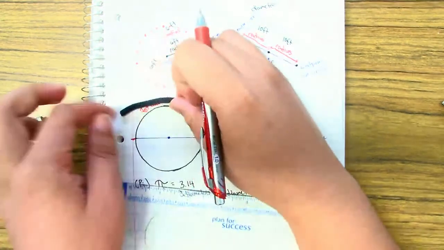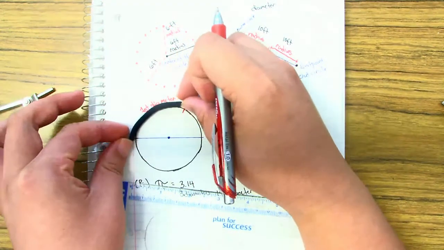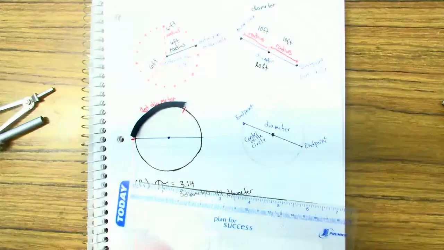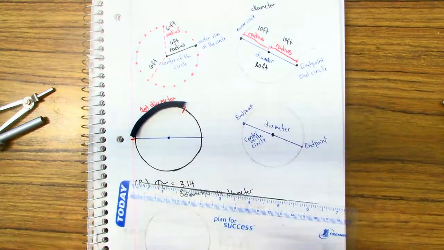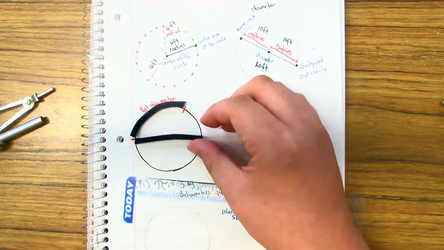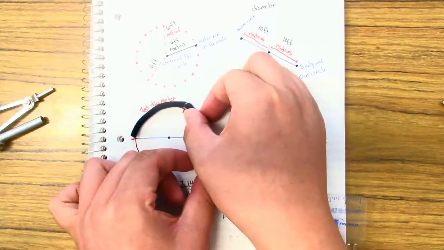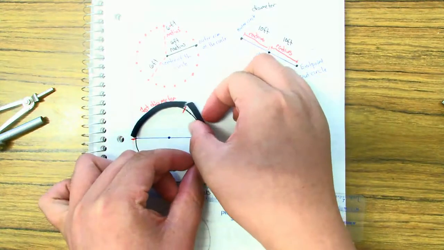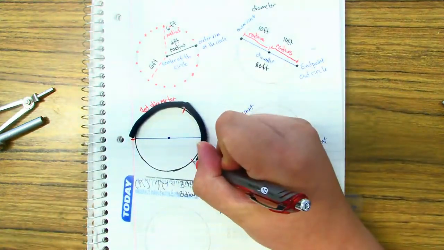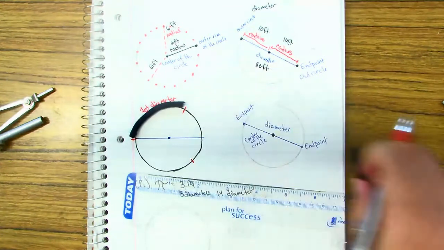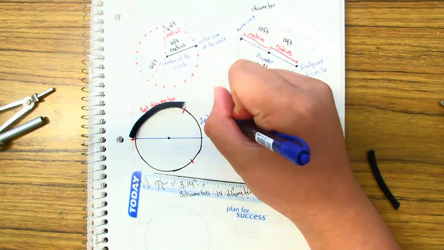I keep tab on that. And then I have a second one here for the second diameter, and I'm going to connect it to the next part of the circle. Once again, it's not perfect, but you can just estimate. That will be the second diameter.